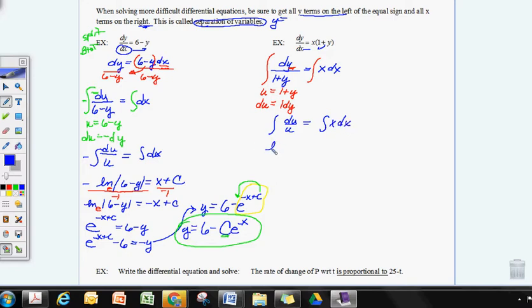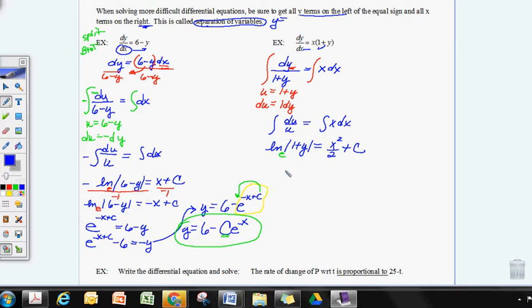So this becomes the natural log of 1 plus y is going to equal x squared over 2 plus c. Can't forget about me.